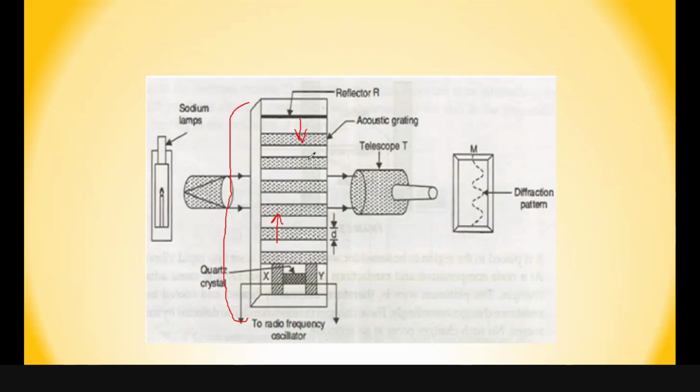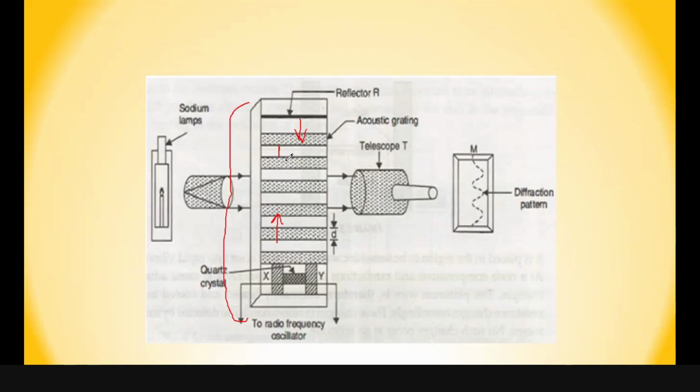Due to the interference, a specific kind of pattern will be formed inside the liquid. Where there is constructive interference, for example here, there will be compression and rarefaction, so here there will be the rarefaction.